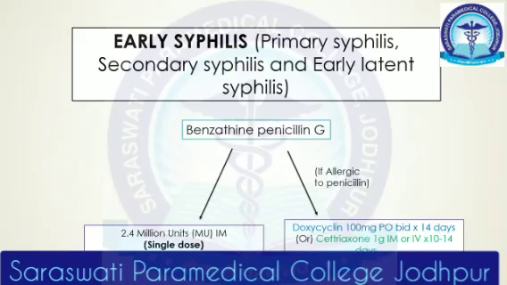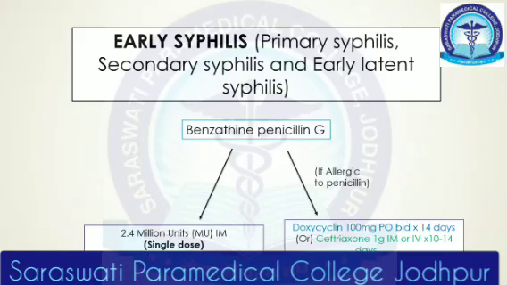Or there is another drug called ceftriaxone, which is given at a dose of 1 gram intramuscularly or intravenously for 10 to 14 days, right? This is all about how you treat early syphilis like primary syphilis, secondary syphilis, and early latent syphilis.